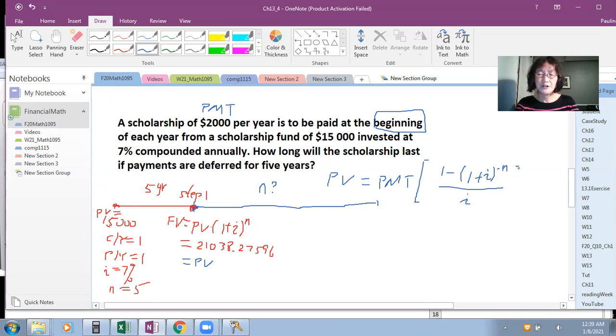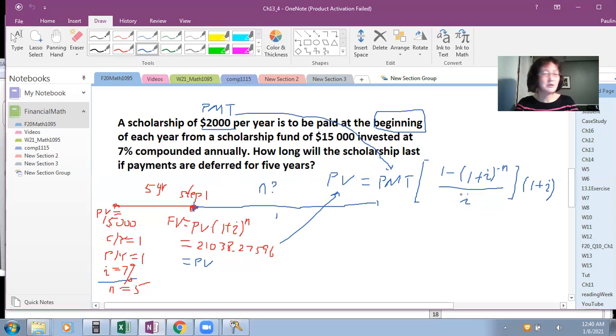Because this is an annuity due, you have to multiply by 1 plus I as adjustment. And remember I is 7%. N, you are asked to solve for n. You don't know n, but you do know PMT, 2,000, and you do know PV, this number. I is 7%.